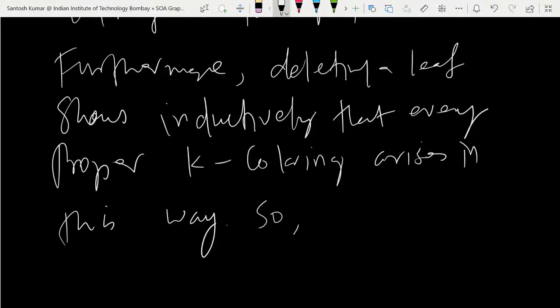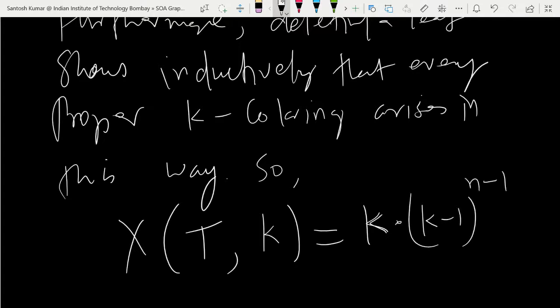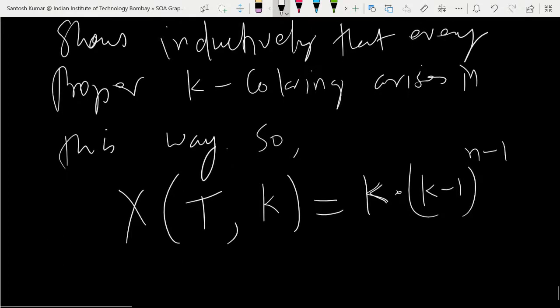So we can conclude here that the number of proper colorings of a tree with k colors is k times, where this k is for the root and k minus 1 for the rest of the n minus 1 vertices. So this is the proof.